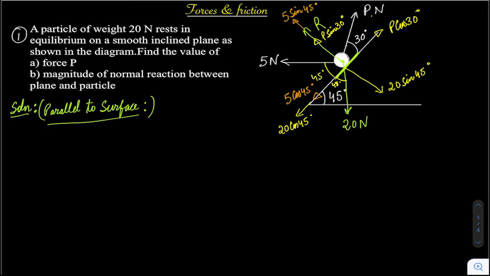So 20 cos 45 degrees plus 5 cos 45 degrees should be equal to P cos 30 degrees. Because in this direction the particle is not moving, the left side force should be equal to the right side force, or you can say the total sum is 0. In that case, you will write the equation as 20 cos 45 plus 5 cos 45 minus P cos 30 equals 0. It's the same thing.